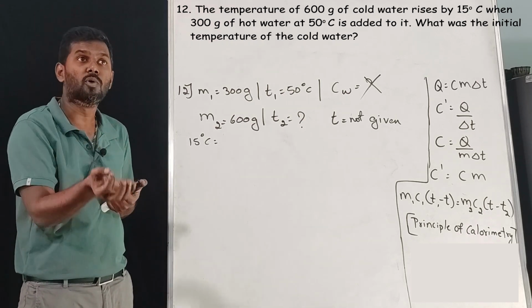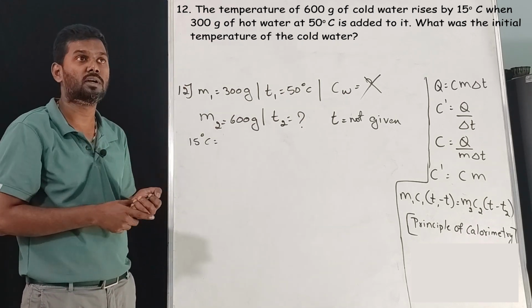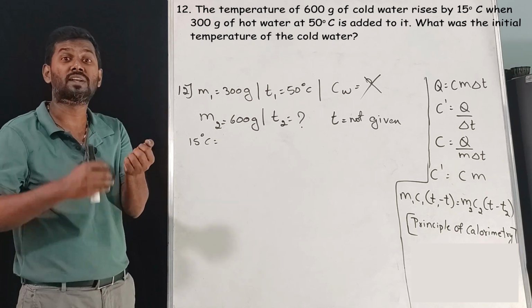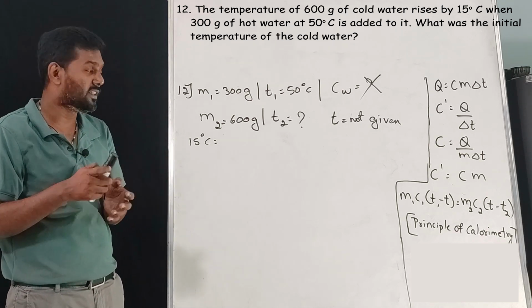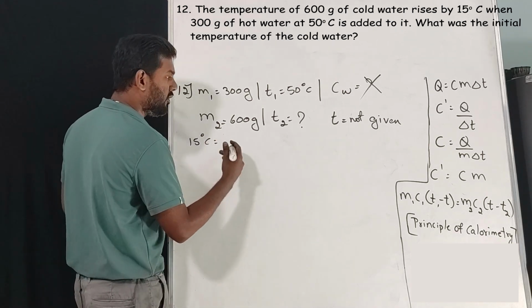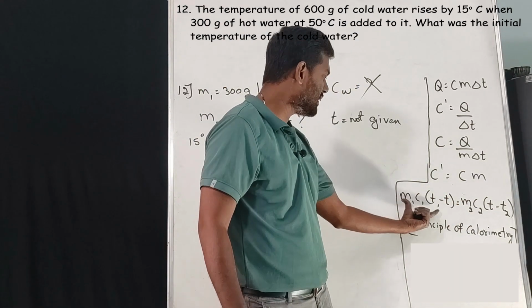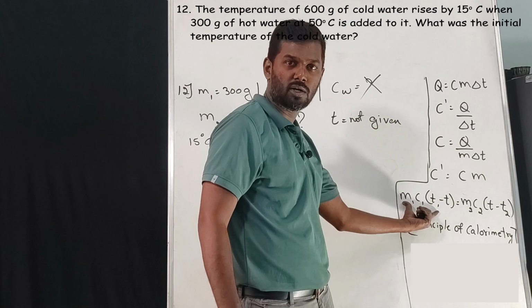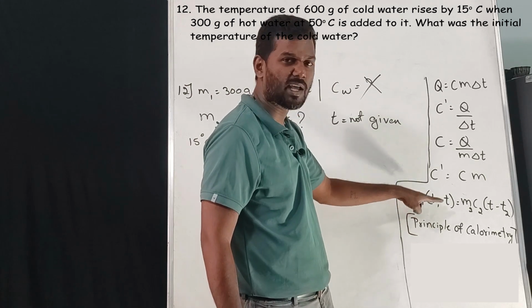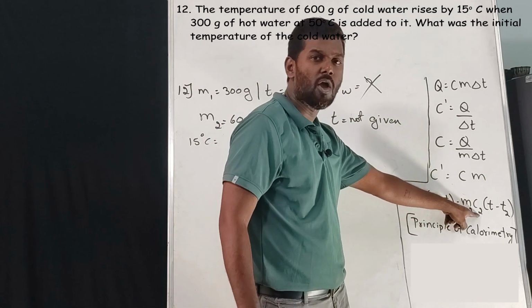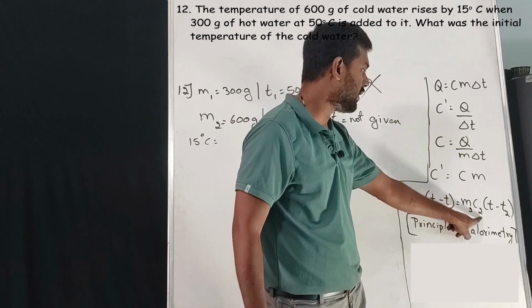Once you pour that hot water into cold water, the temperature of the cold water rises by 15 degrees. Since object 1 we assumed as hot water, because it has the higher temperature, this object 2 will be the cold water.